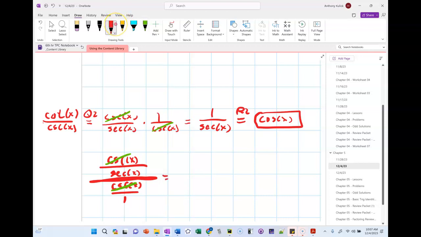So you end up with 1 over secant x over 1 over 1. So you end up with the same thing, right? You're good? Okay. I'm going to erase that real quick because I'm going to run out of space.